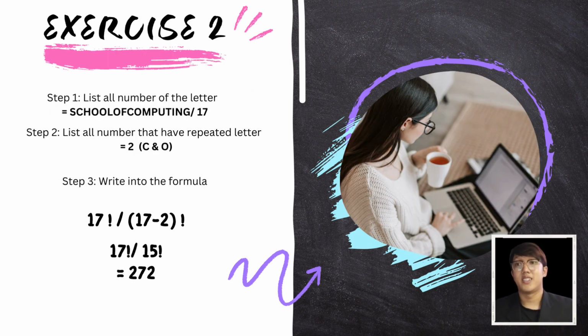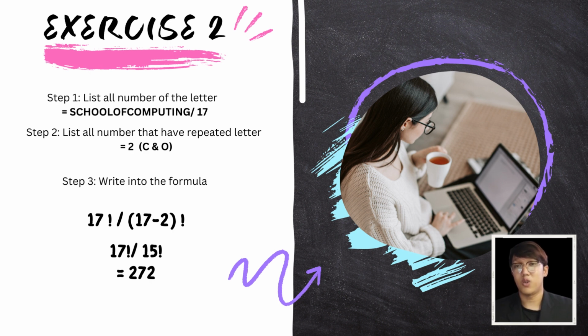For exercise number 2, the keyword in this question is find the different words. We can use the same formula on all questions that have the same keyword as I mentioned before. Okay, step 1. We're going to list the total number of letters, which means in the question we got a total of 17 letters from the words School of Computing. Okay, step 2. List down the number of repeated letters from the words given.